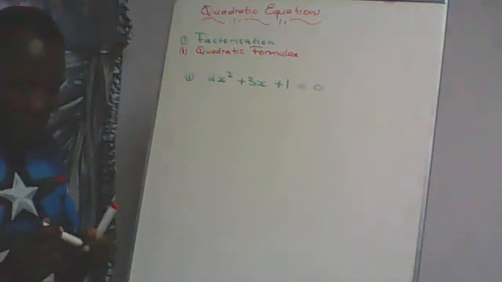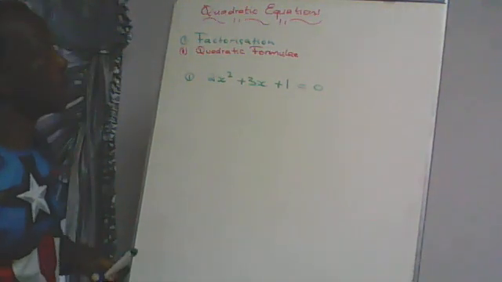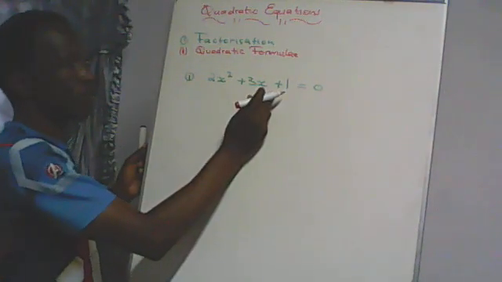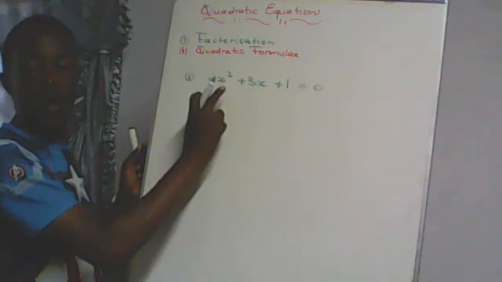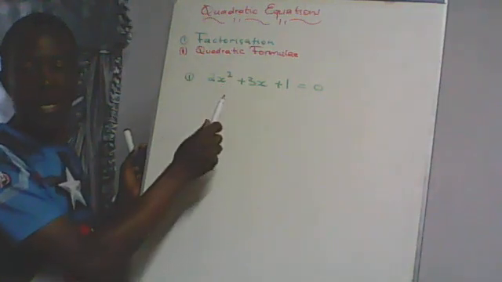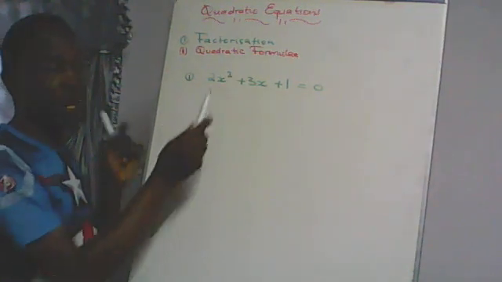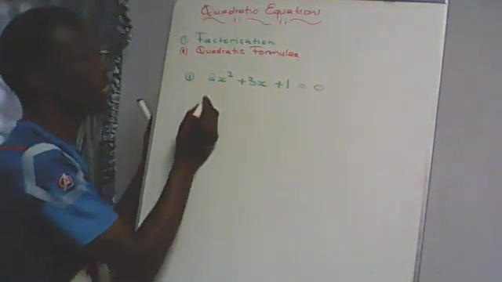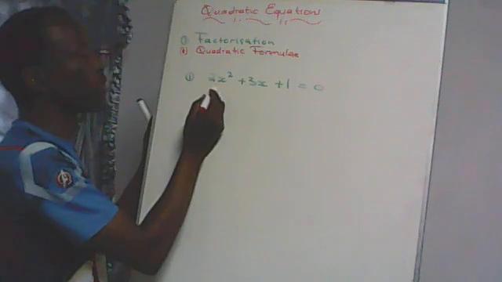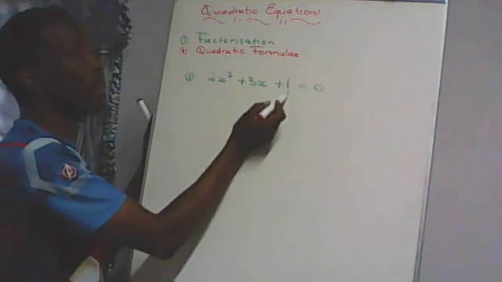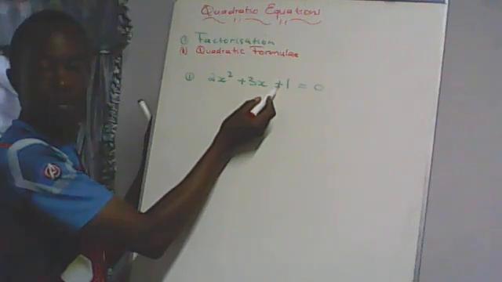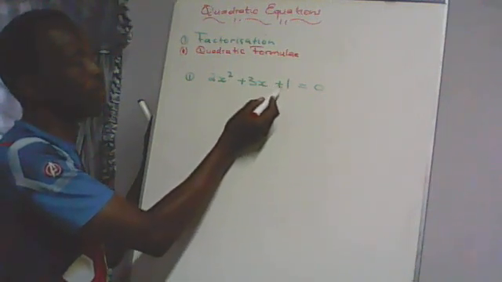The first thing that we need to understand is the quadratic equation is an equation whose highest degree is 2. So, how do we factorize that? First find the factors of the first term and the factors of the last term. Look at the sign of the last term.